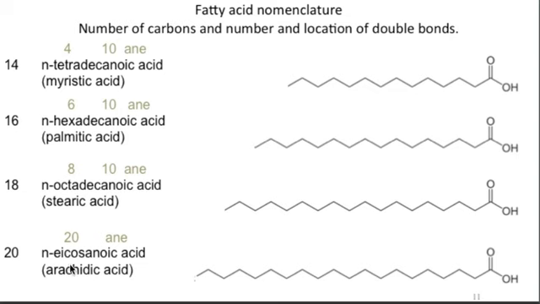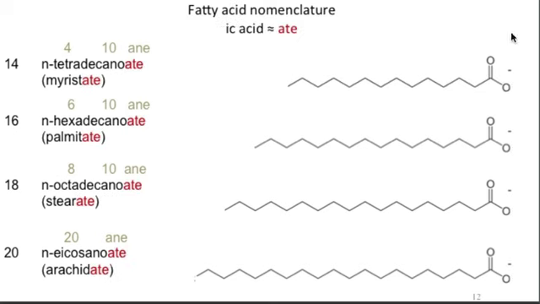You notice how I call each of these an acid, meaning a proton donor? I've drawn them with a proton there, but that proton can easily come off to make the carboxylate, so then it's tetradecanoate, hexadecanoate, octadecanoate.